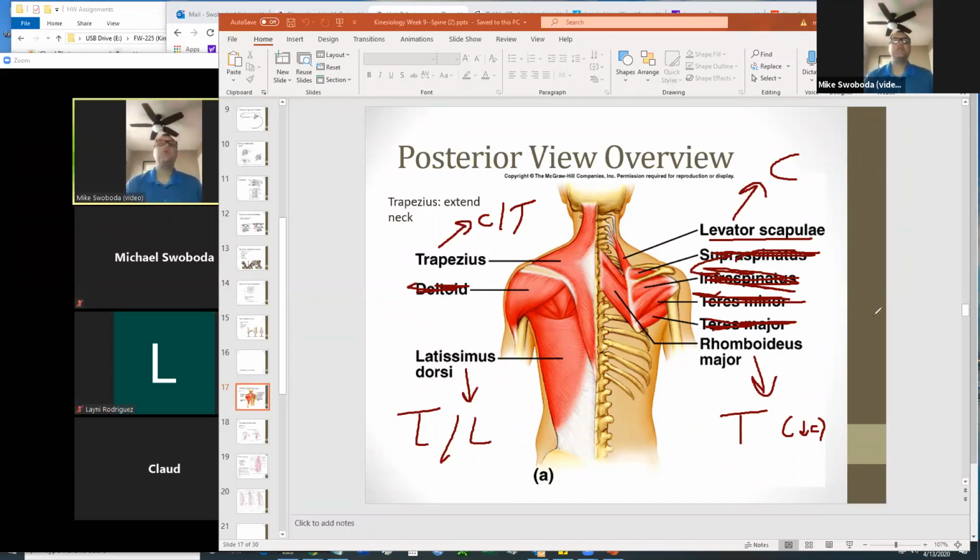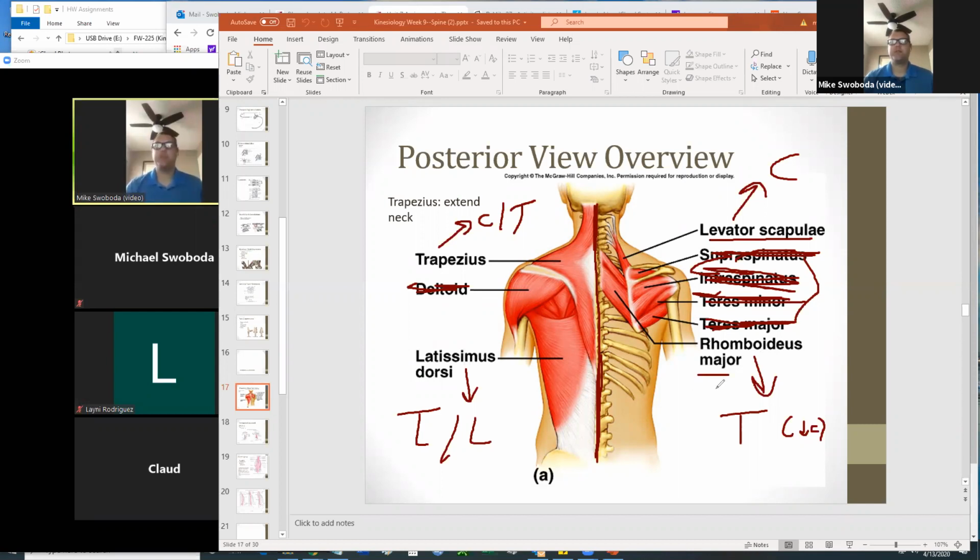The rule with the spinal movements is if a muscle attaches to the spine, it moves the spine. Pretty simple, right? So anything that attaches to the spine, that moves the spine. Deltoid does not attach to the spine, does not move the spine. Your rotator cuff does not attach to the spine, doesn't move the spine.